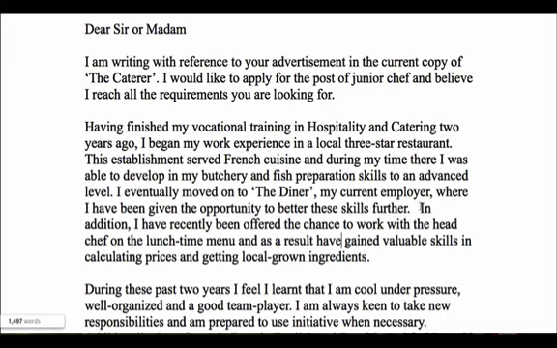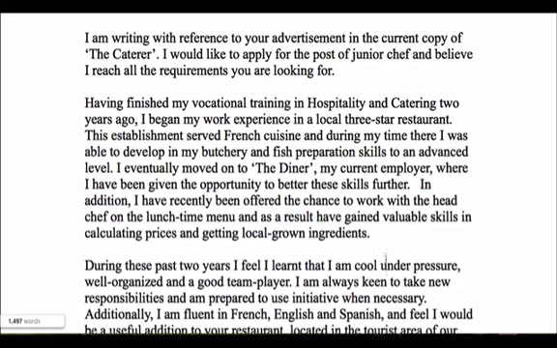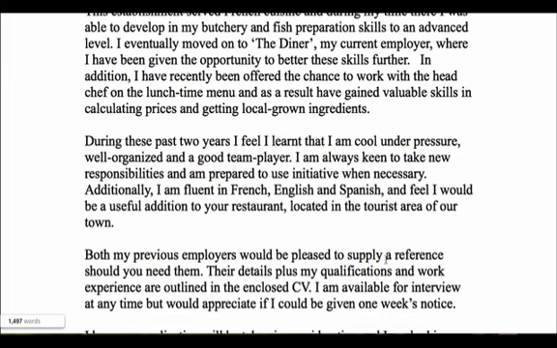Simple linking words are used effectively as well, like in addition and as a result. And if we look at the second paragraph, we can see how the writer manages to link this new topic with the previous paragraph by writing during these past 2 years.